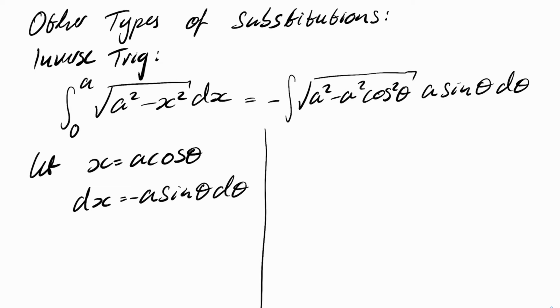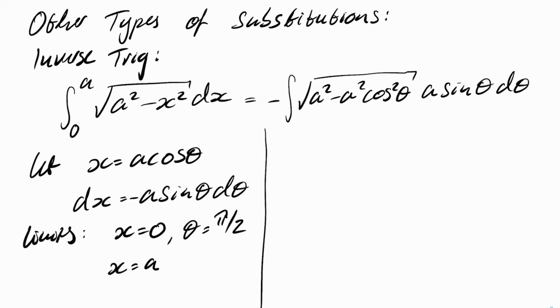Now the limits: when x is equal to 0, theta is pi by 2, and when x equals a, theta must be equal to 0. So the limits then are pi by 2 to 0.